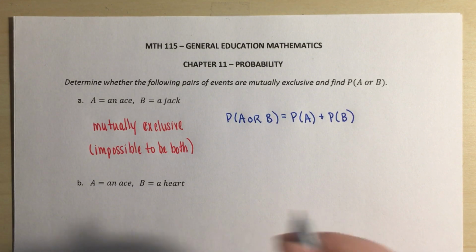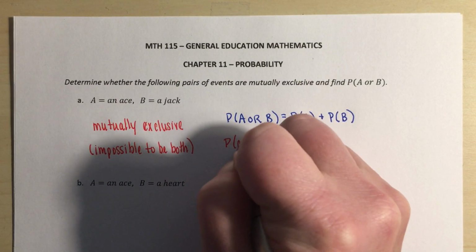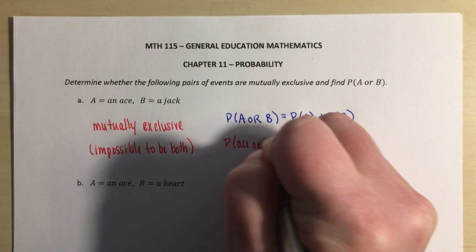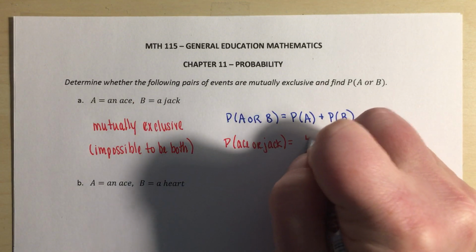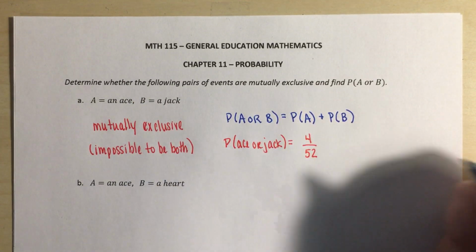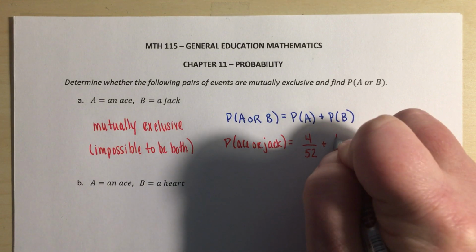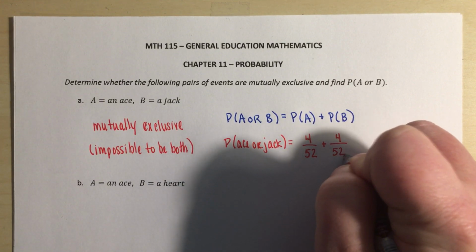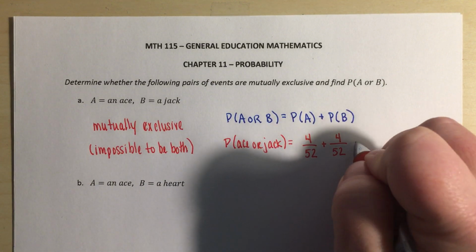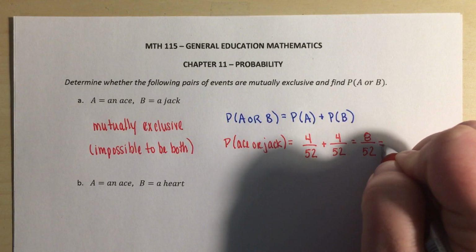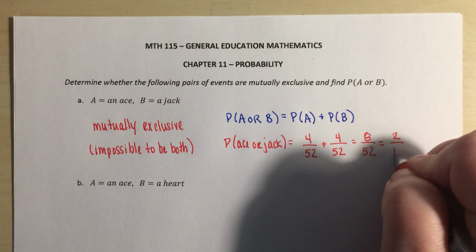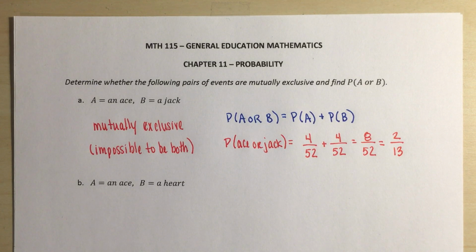Our probability of either an ace or a jack: our probability of selecting an ace is 4 out of 52 because we have 4 aces. Our probability of selecting a jack is also 4 out of 52 because we have 4 jacks. That's going to give us 8 out of 52, which we can reduce to 2 over 13. So we were mutually exclusive because it was impossible to be both, so we just used our shortened formula.